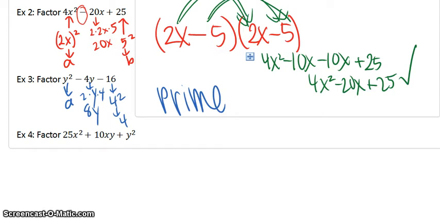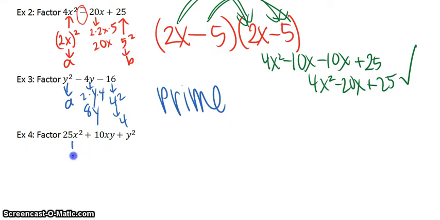Okay. So, last one. What is being squared? 5x is being squared, because 5 squared is 25 and x squared is x squared. So we know that a is 5x. And then we have b is y. So let's double check that it works. So we have 2 times a, which is 5x, times b, which is y.